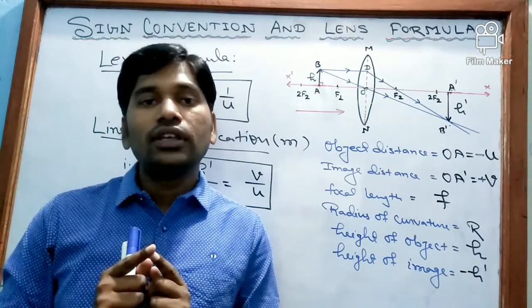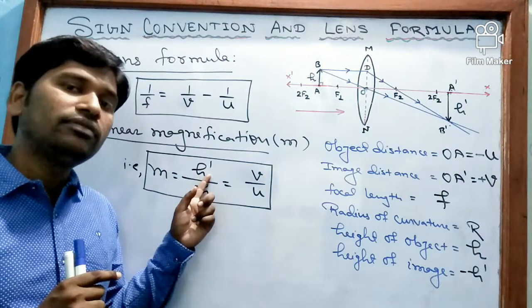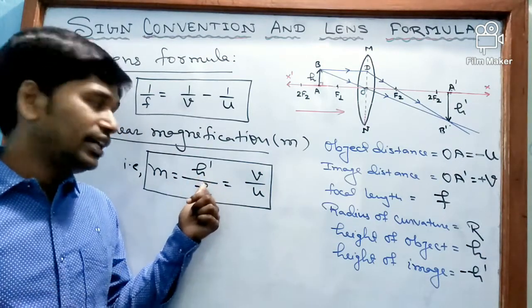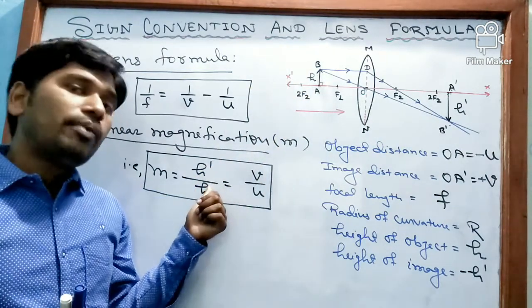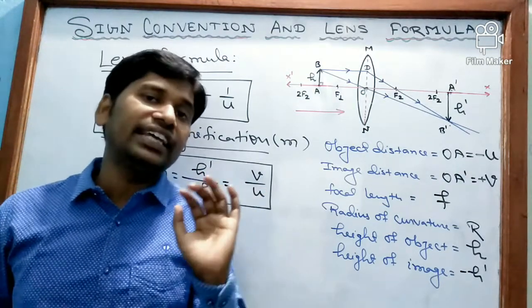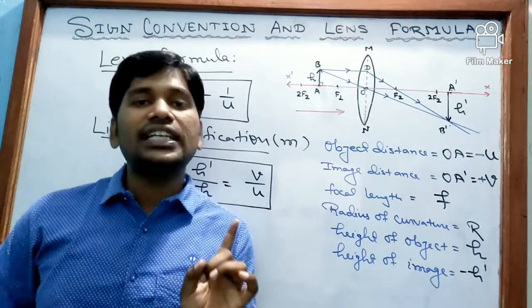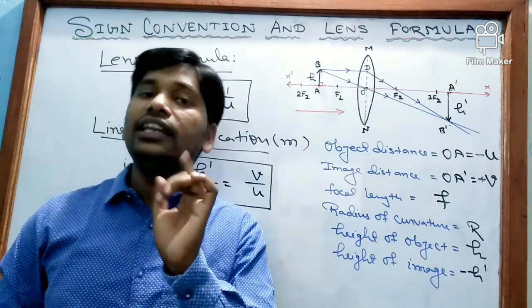So if h dash is greater than h, m will be greater than 1. And as I said, virtual image, so erect, it means above the principal axis. So if the magnification produced by a lens is positive and greater than 1, it means it is a convex lens and the object is placed between focus and optical center of the lens.